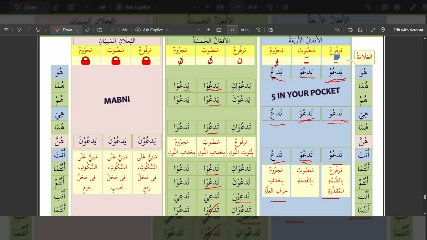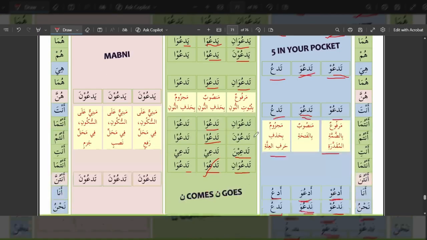So this noon here shows us that this verb is in the marfu form. So for huma it goes as yad'uwani. For hum yad'una. For huma tad'uwani. For antuma it goes as tad'uwani. For antum tad'una. For anti tad'ina. For antuma tad'uwani.